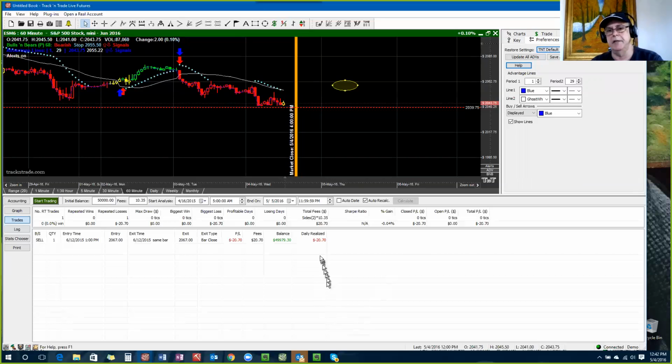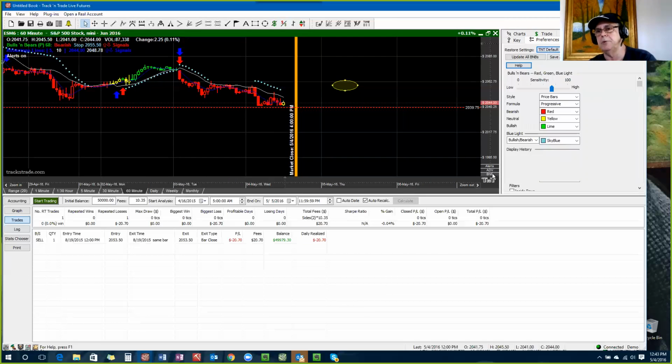And you see down here in autopilot, it lost $20 on these settings. So if we went back to TNT defaults, it's not going to change anything, but you can go back in and set up your indicators, not autopilot, and play around with those.